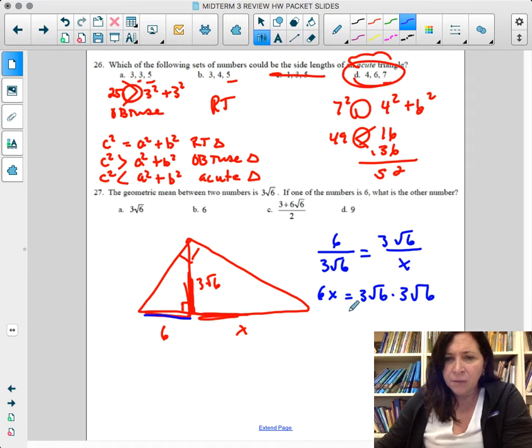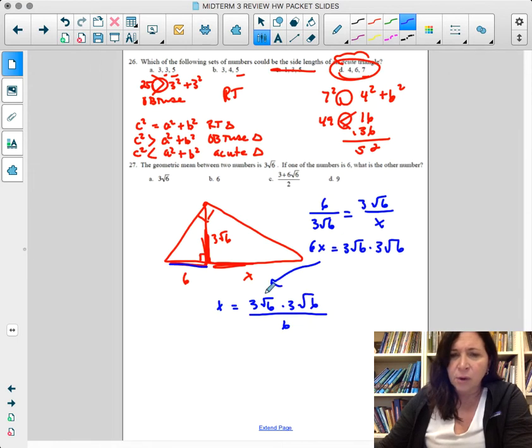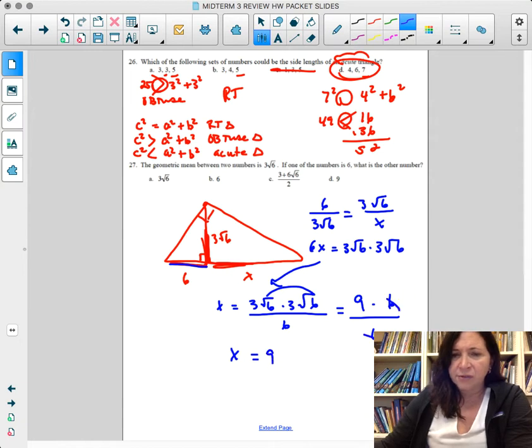I'm going to come down here so I have more room. x is equal to 3 root 6 times 3 root 6 divided by 6. On the numerator, I'm going to multiply 3 times 3, which is 9, and root 6 times root 6, which is 6, and you're dividing by 6, so x is equal to 9 because these two values are going to cancel out. So D is my answer.